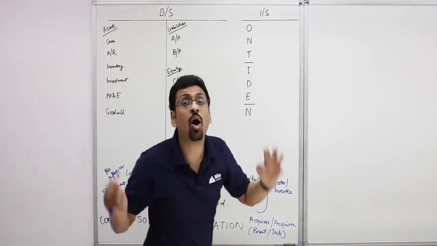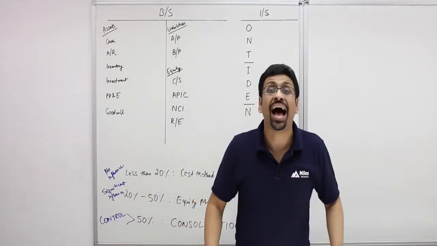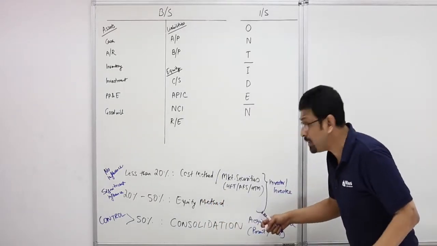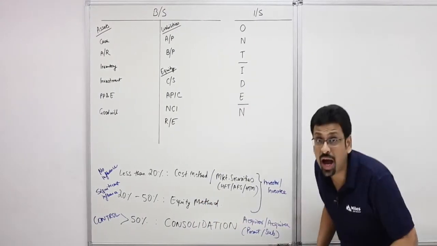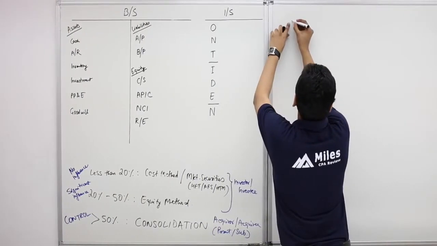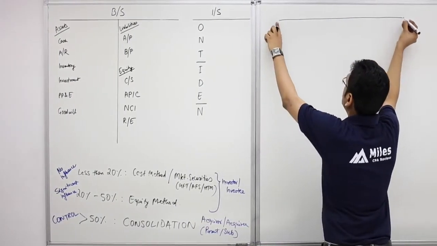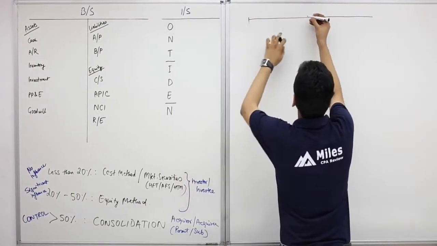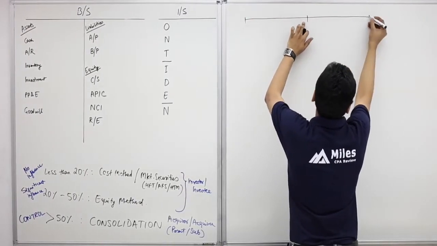This is called the economic entity concept, and we're going to use the acquisition method because we're talking about acquirer and acquiree here. Now, the way it happens is, let's say we've got a lot of years here, drawing a timeline.